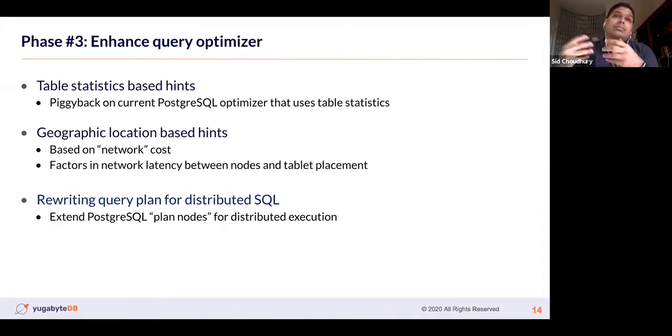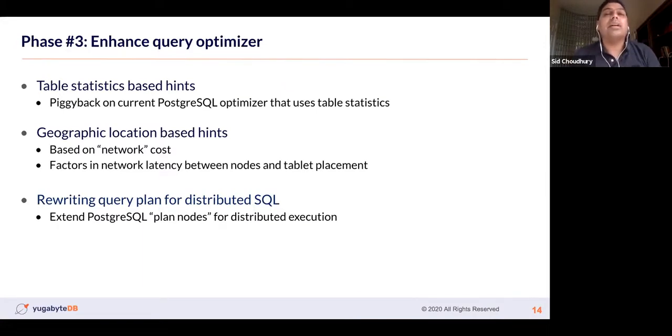And this substrate becomes even more exciting and challenging when you bring geographic distribution into the picture, where location-based hints, how far a given node is from other nodes, become an important input into the query optimizer, because that's how we can reduce what is known as cross-region latencies even further, right?